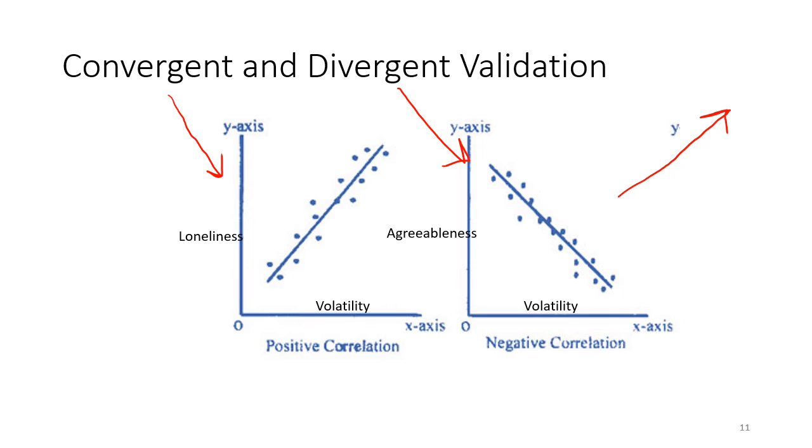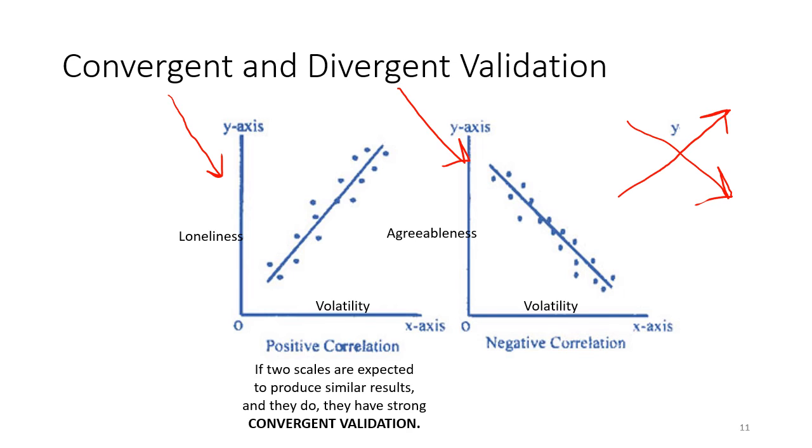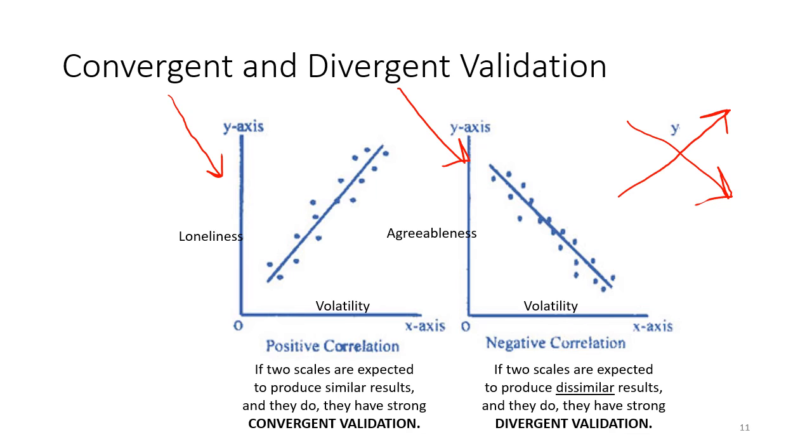As volatility goes up, agreeableness goes down in terms of our numbers. And so there's a little more examples. If two scales are expected to produce similar results, and they do, they have strong convergent validation. If two scales are expected to produce dissimilar results, and they do, they have strong divergent validation.